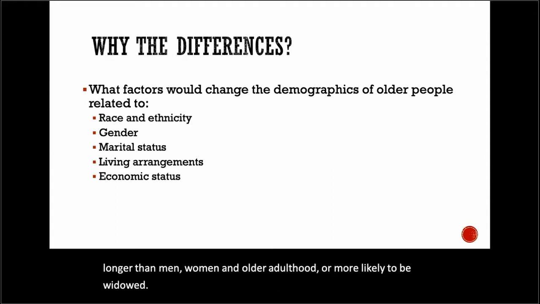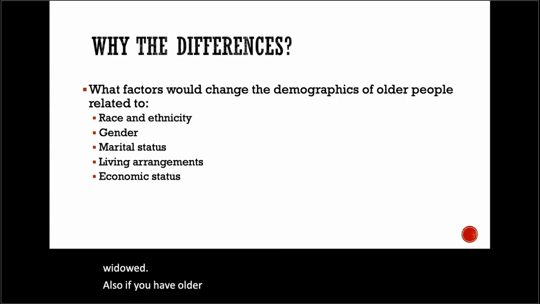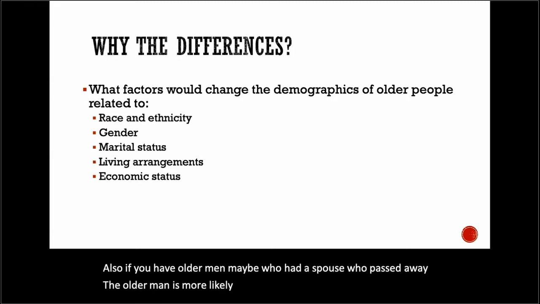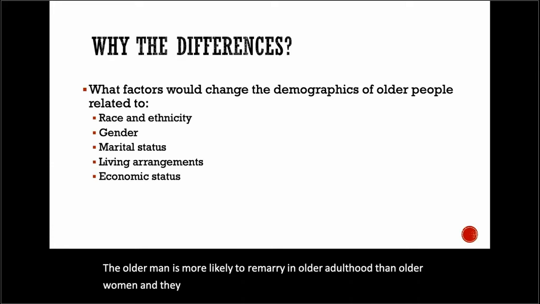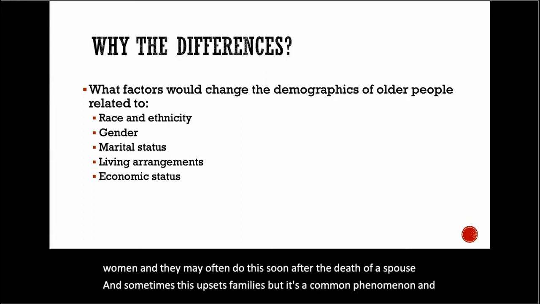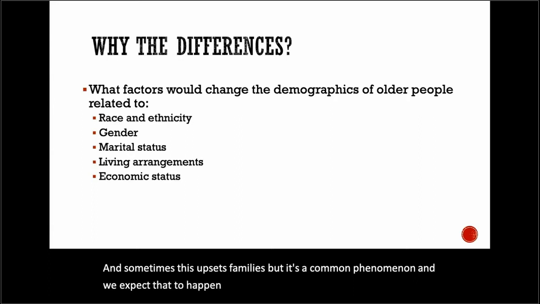Also, if you have older men who had a spouse who passed away, the older man is more likely to remarry in older adulthood than older women. And they may often do this soon after the death of a spouse, and sometimes this upsets families, but it's a common phenomenon, and we expect that to happen often. So that's a difference that you may see with marital status of older adults, men versus women.